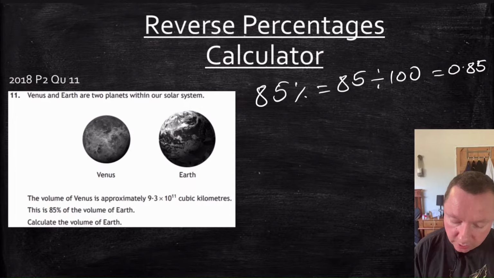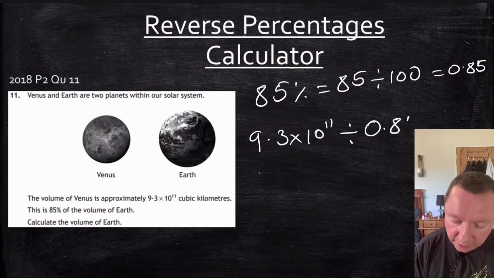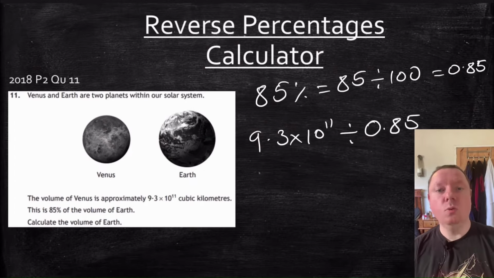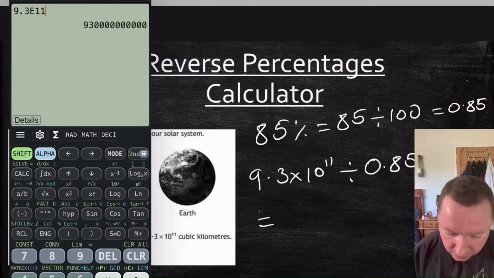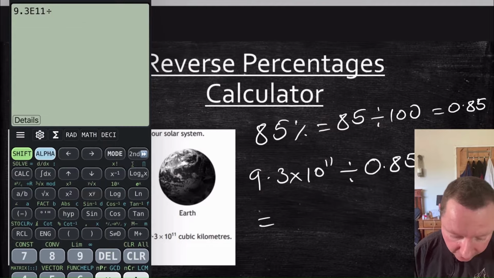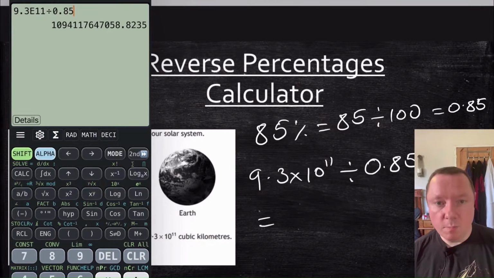0.85. So we now just take our number, 9.3 times 10 to the 11, divided by 0.85 to get back up to 100%. 9.3 times 10 to the power of 11 divided by 0.85, and we get a huge number.